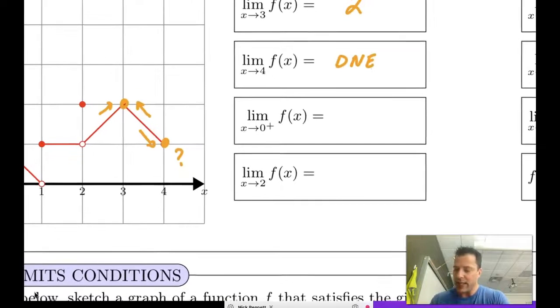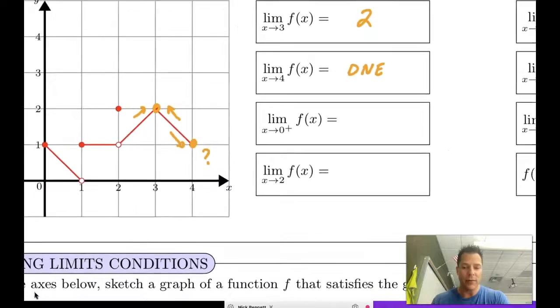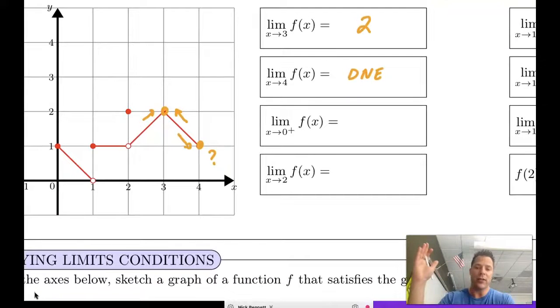So now the limit as x approaches 0, you see that plus sign? That's 0 from the right. So numbers that are greater than 0 are like 1, and 2, and 3. So if we're approaching 0 from the right, okay, there's 0. We're approaching it from the right here. Okay, that is 1. That's different than the one above.